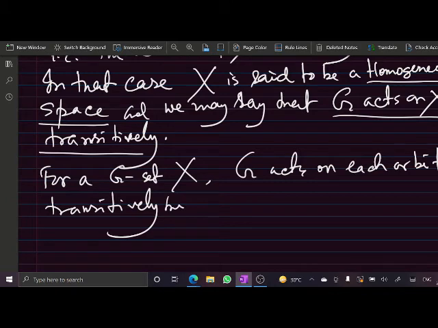By its restriction action. Okay. So therefore, if you can understand all transitive G actions, then we can understand all G actions, right?